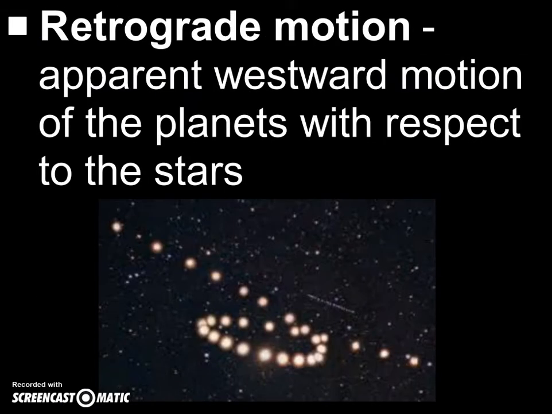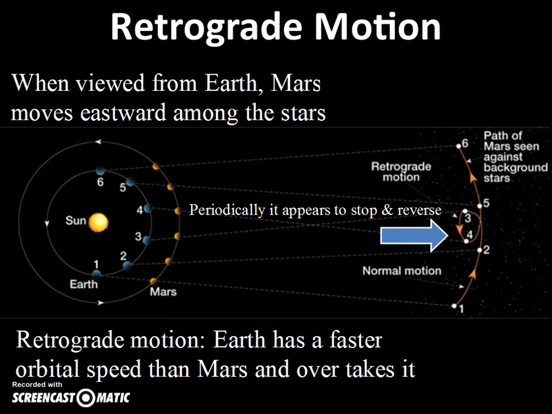We also have retrograde motion, and it's an apparent westward motion of the planets with respect to the stars. So as we look into the sky, everything moves from east to the west. So for example, when you're looking at the sun, or if you're looking at Mars, from the Earth, everything seems to move right along with the stars.